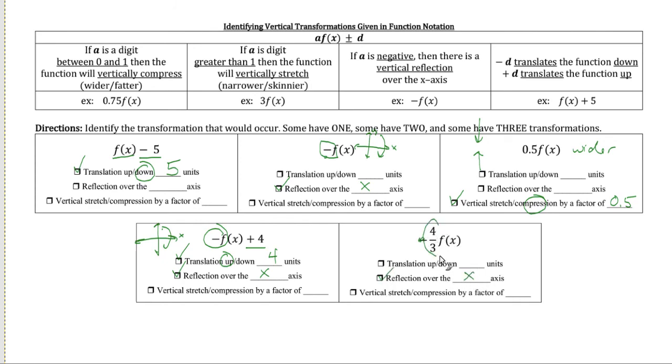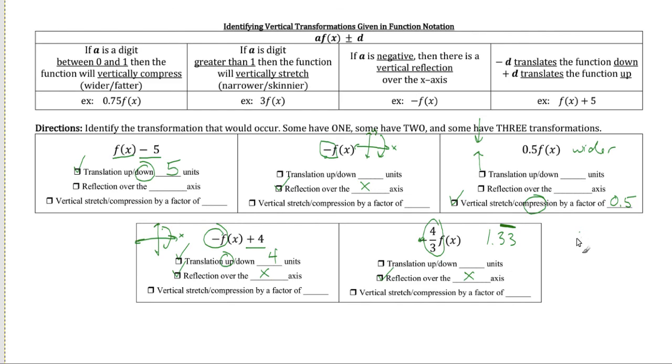Now this. Just because it's a fraction, don't forget about it. This is 4/3. It's larger than 1. It's more than 1 whole. If you want to convert it into decimal form, it's 1.33 repeating. So that's larger than 1. If it's greater than 1, without the sign, vertically stretch.